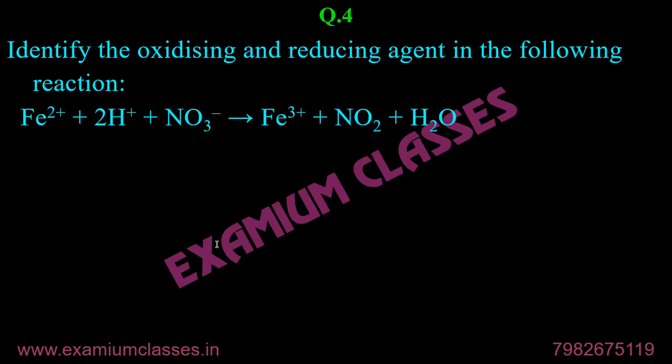Next question. Identify the oxidizing and reducing agent in the following reaction. The oxidizing agent is the one which is reduced. The reducing agent is the one which is oxidized, it itself gets oxidized.